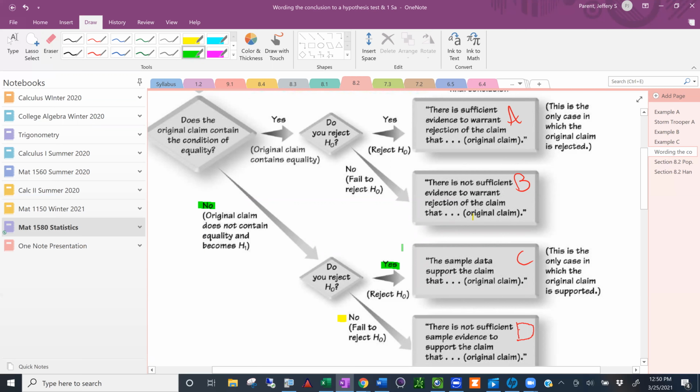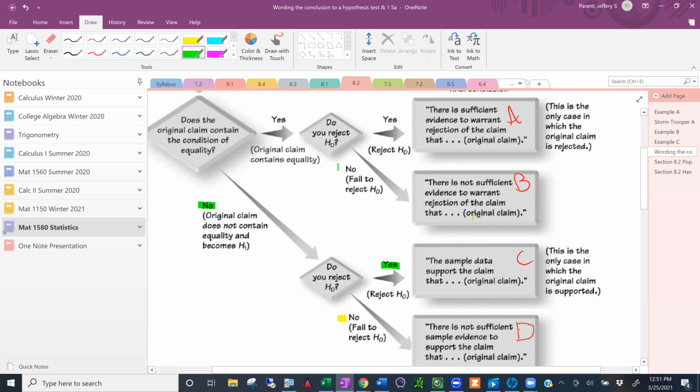And the wording of the conclusions should start with this right here. The sample data support the claim that. So I'm going to copy that down here for myself. The sample data support the claim that. Now to fill in the rest of this with words and not symbols, I don't want sigma less than 0.003.